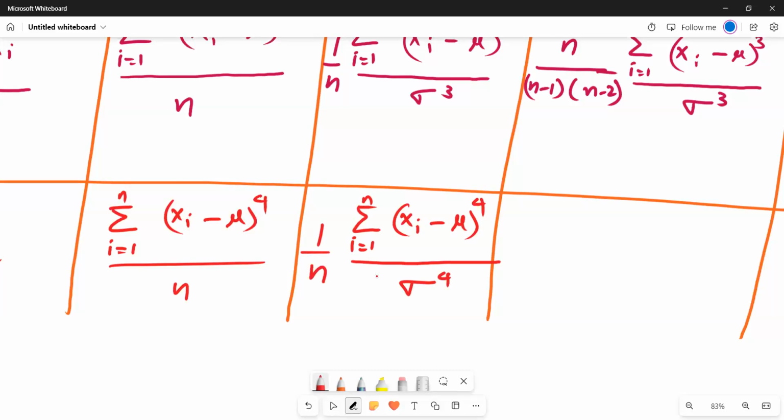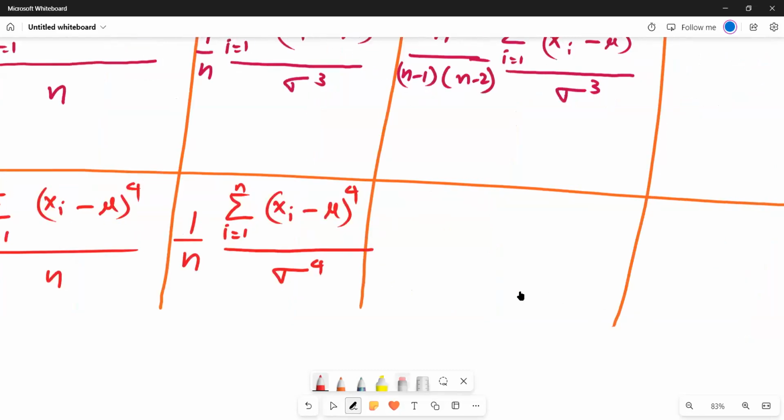All right. And finally, we'll add the sampling adjustment to this. The sampling adjustment that will be added is n into n plus 1 divided by n minus 1, n minus 2, n minus 3, right?